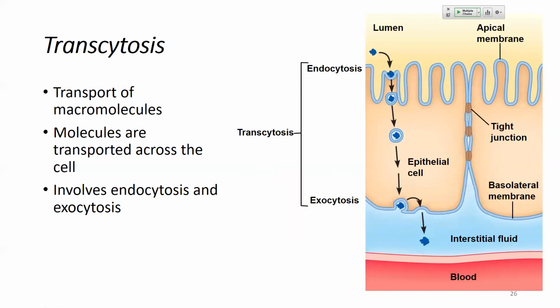Phospholipids. So the phospholipid bilayer is pinched off. It engulfs this molecule and moves all the way through the cell. When it gets to the basolateral surface, it spits that molecule out, and the phospholipids then align themselves to be a continuous part of the membrane here. And that is endocytosis and exocytosis.